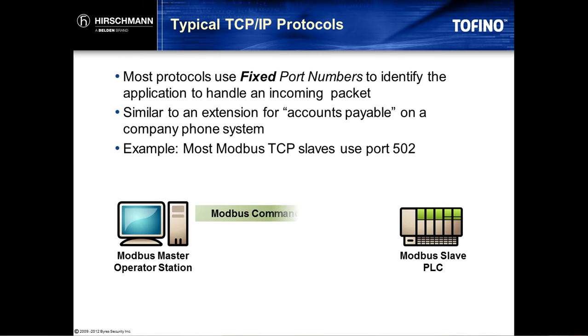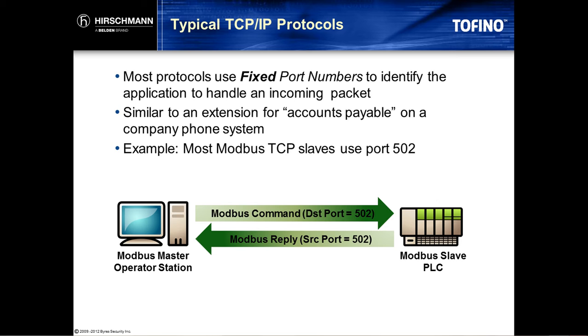For example, in Modbus TCP, every Modbus TCP slave device makes that service available on TCP port number 502. And when a client device wants to connect to it, it always connects to port 502. From a firewall perspective, it's fairly simple to protect that Modbus slave, because we can simply configure a firewall rule that allows traffic between these two devices using that destination port number 502.